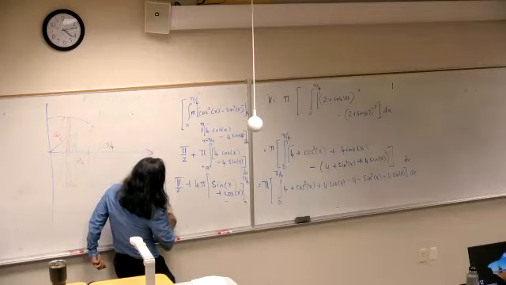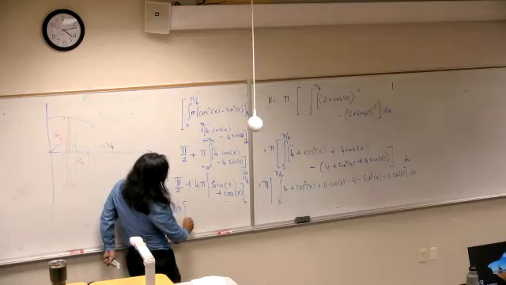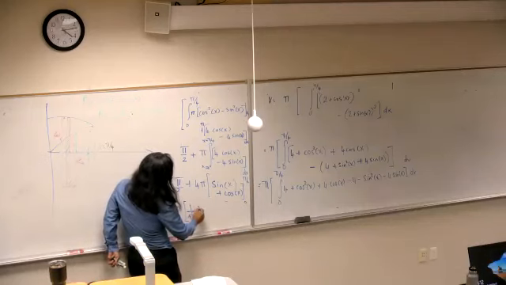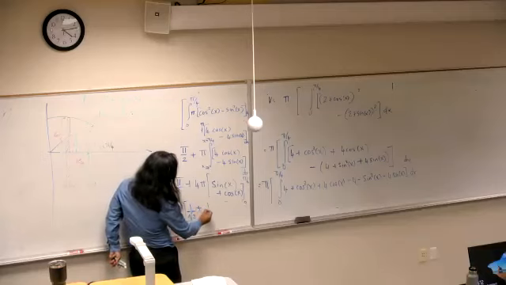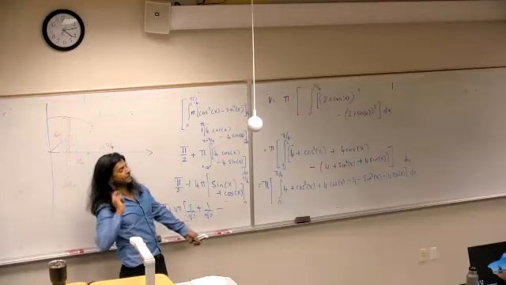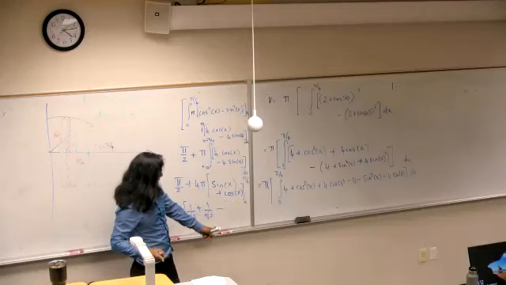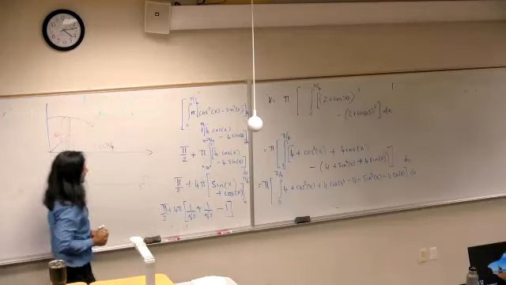We did this earlier. What is sine pi over 4? Cosine pi over 4. Minus the lower limit, sine 0, 0. Cosine 0 is 1, since you are subtracting, I'll have negative 1.